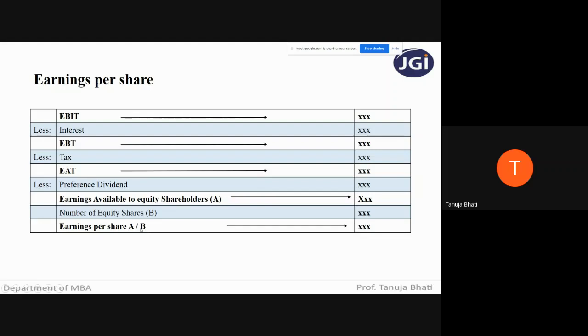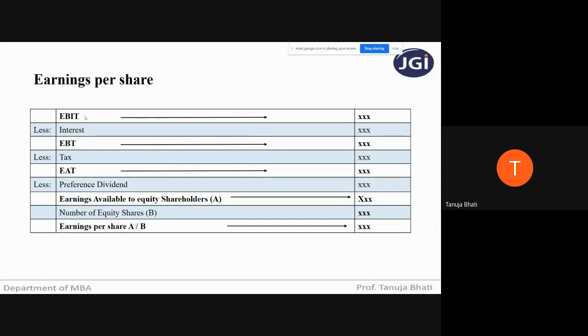So students, can anyone tell me how do we reach up to EBIT? From where does the actual calculation start where we reach up to EBIT, students? How is EBIT calculated? Can anyone just help me?